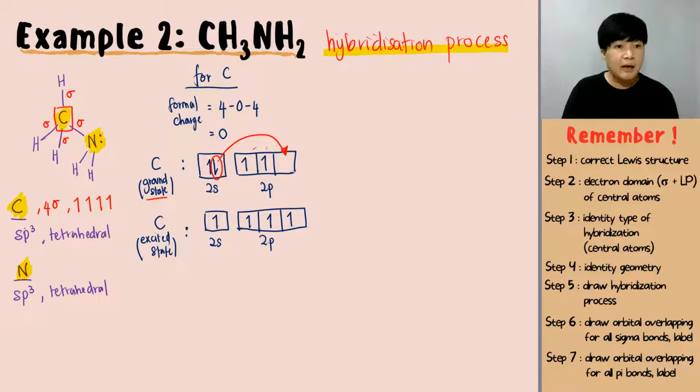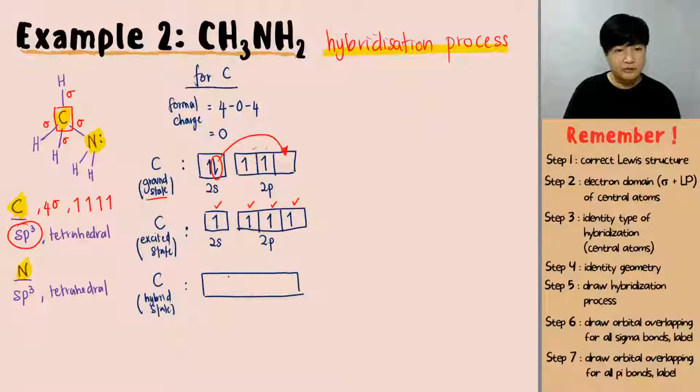Since in the previous step we determined the hybridization of carbon is sp3 according to the electron domain, we need 1 from the s and 3 from the p. Can you see that? The carbon hybrid state forms the sp3 hybridized orbitals, taking 1 from the s and 3 from the p, and each will have 1 single electron.